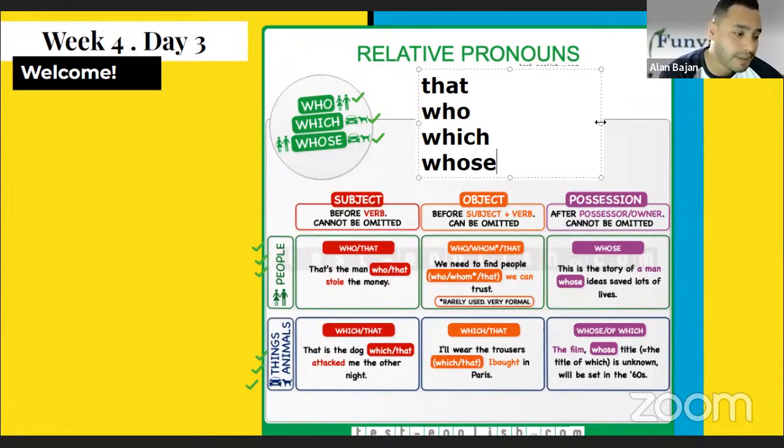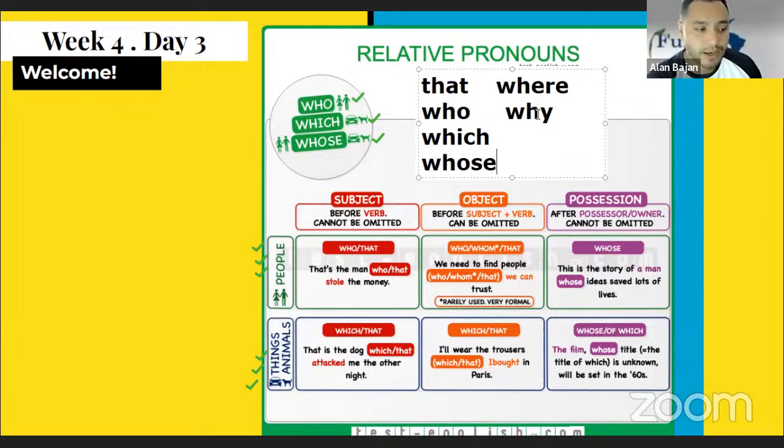However, I have other relative pronouns. For example, I have where. I also have why. In this context, where, why, and for example, when, they are not to ask questions, like when is your birthday, or where are you from?